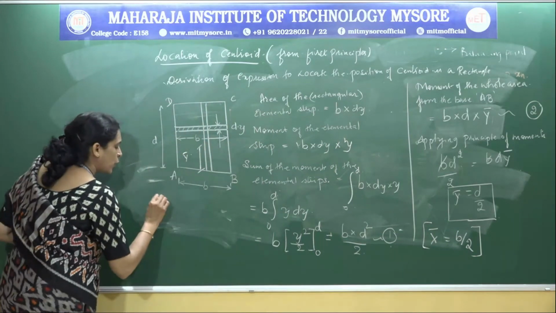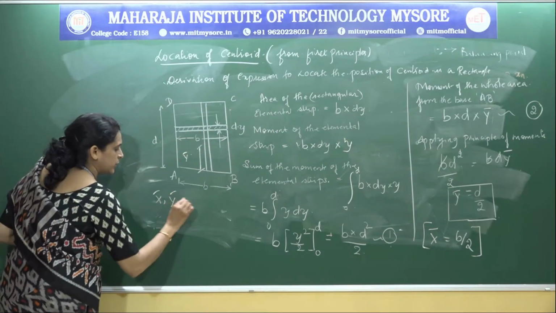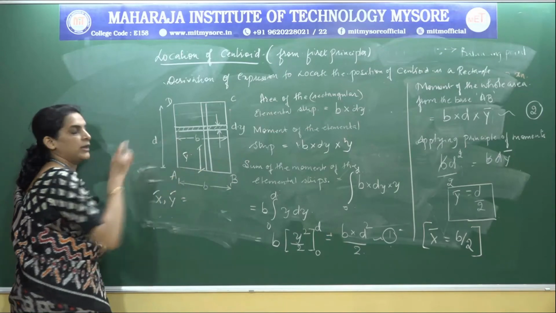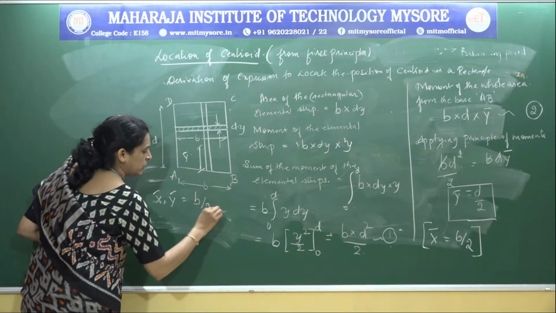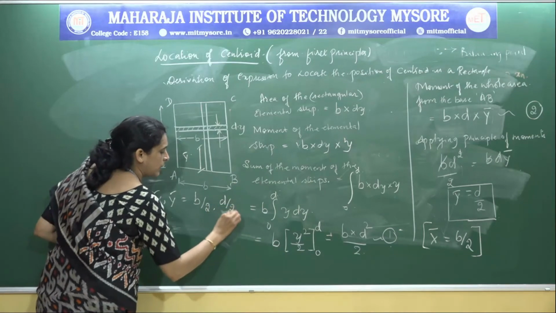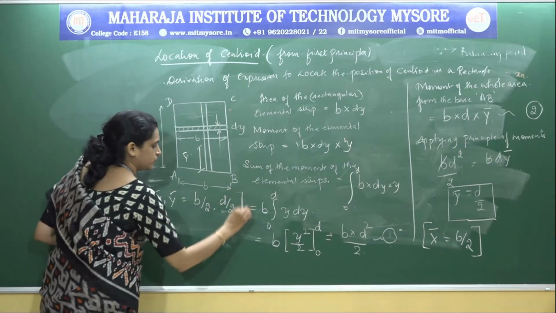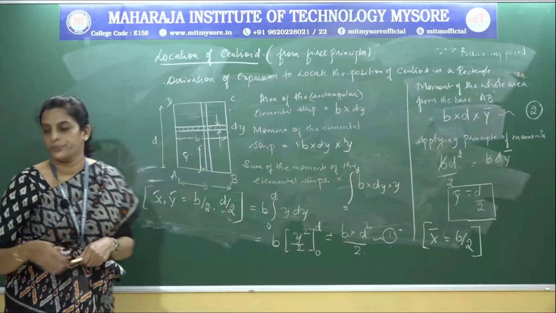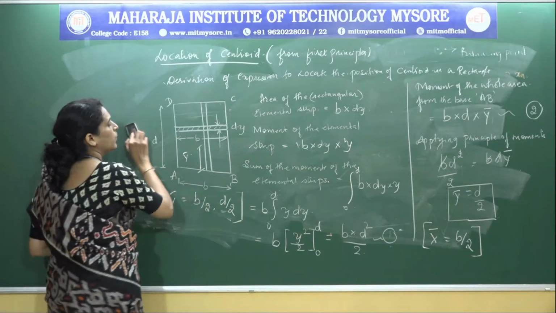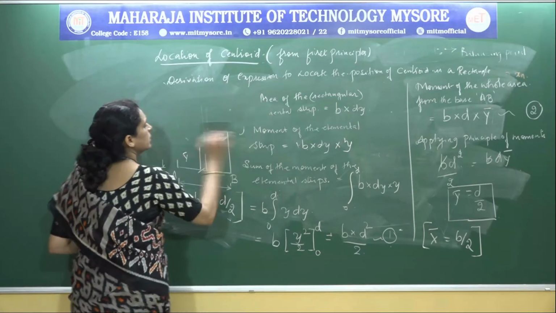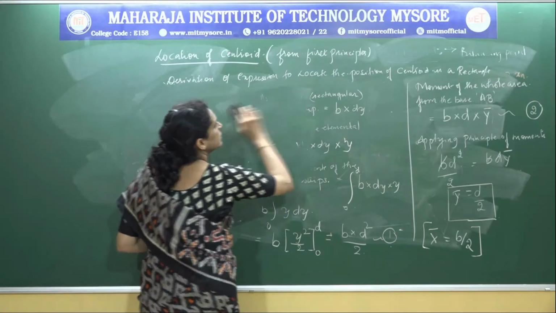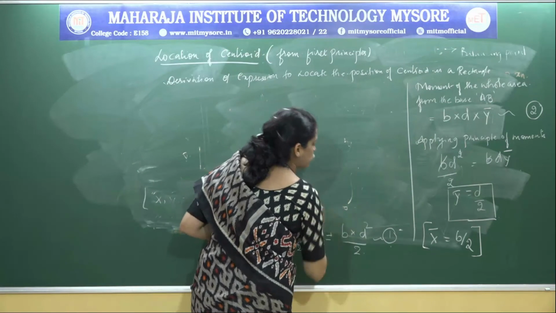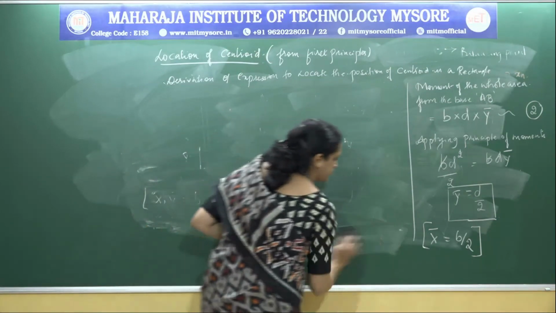So now where is the centroid located for this particular rectangular lamina? At a distance of b by 2 and d by 2. Moving on to the next derivation, we'll consider the next geometrical figure.